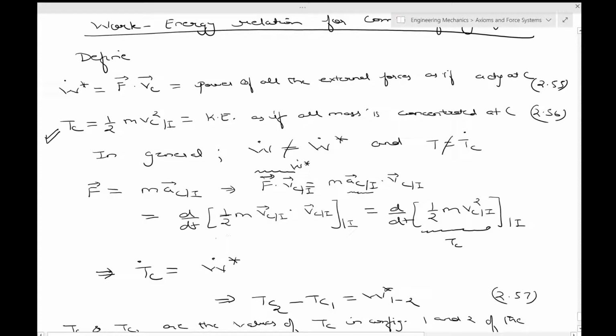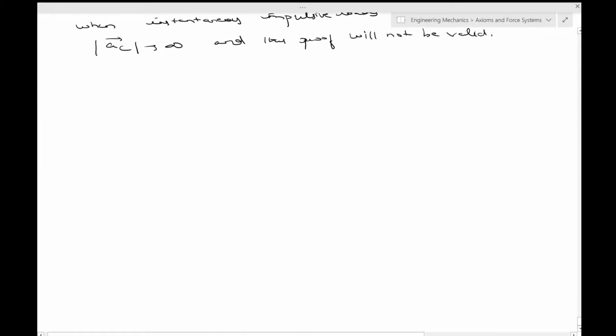Basically, you cannot write AC of I is equal to VC dot I if AC tends to infinity, because this is a differentiation and integration, so it can only happen when you have finite quantities, not infinite quantities.